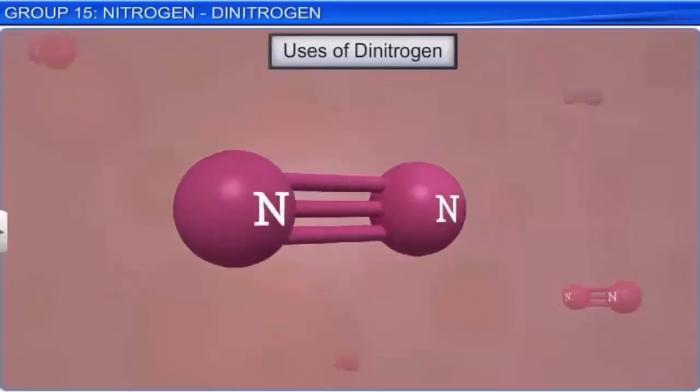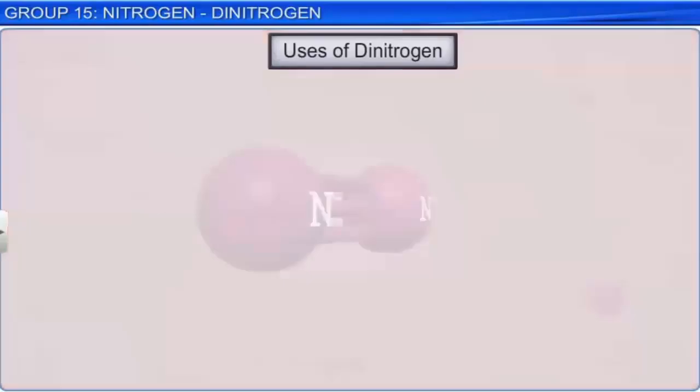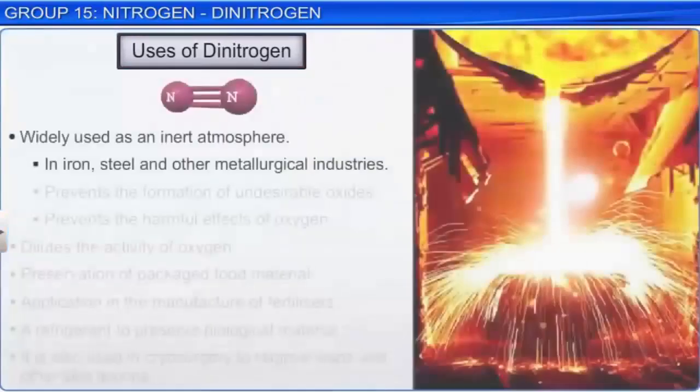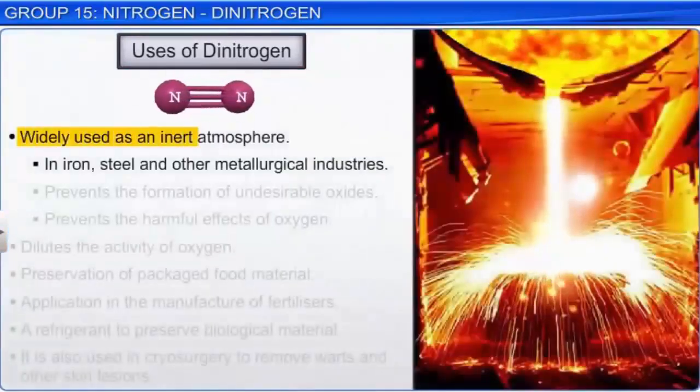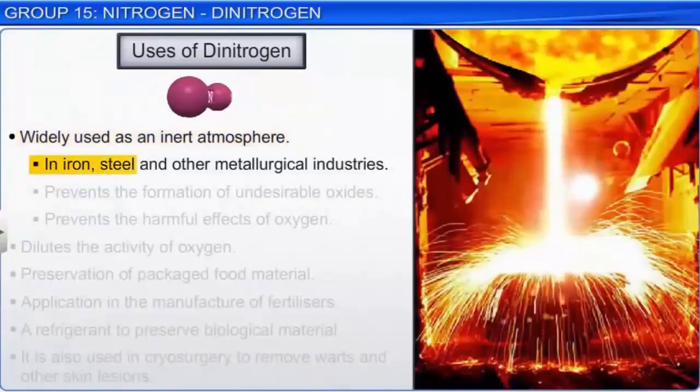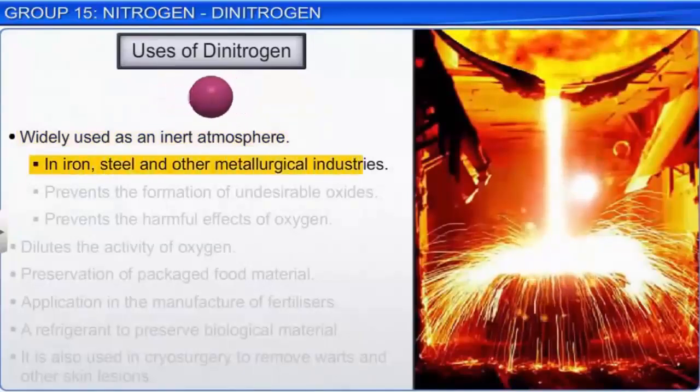Dinitrogen has several important uses. Being inert in nature, it has many uses in industry and other walks of life. For example, it is widely used as an inert atmosphere in iron, steel, and other metallurgical industries.